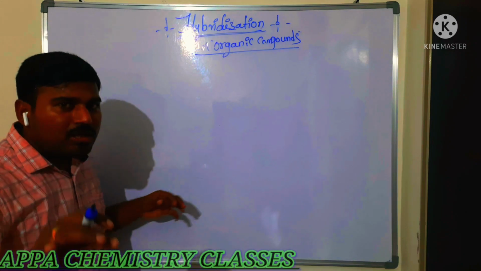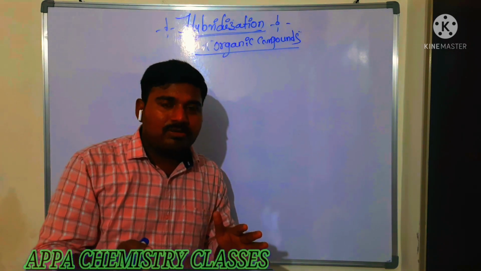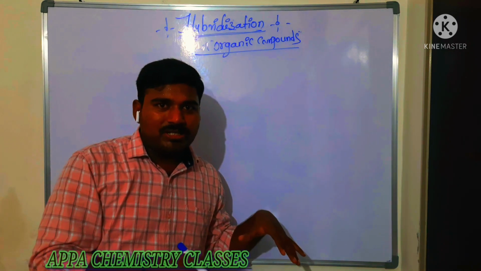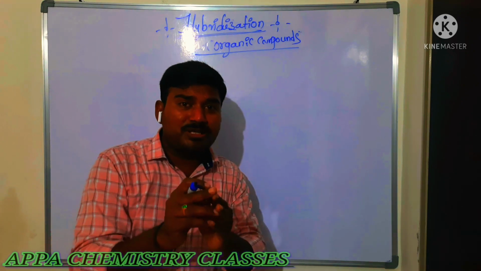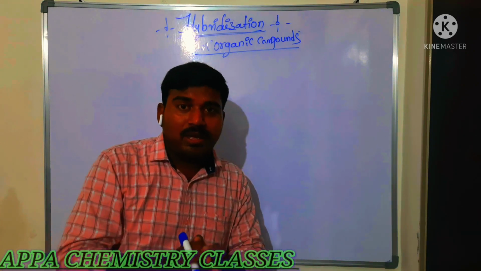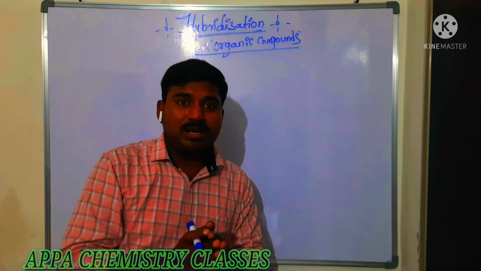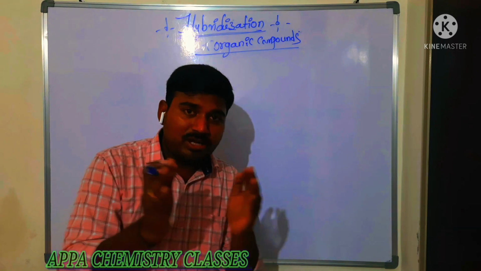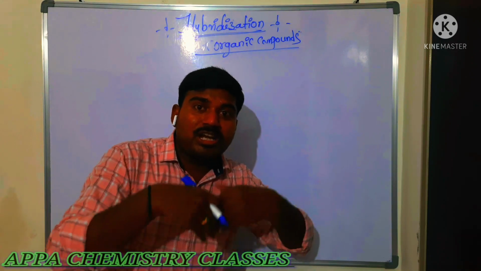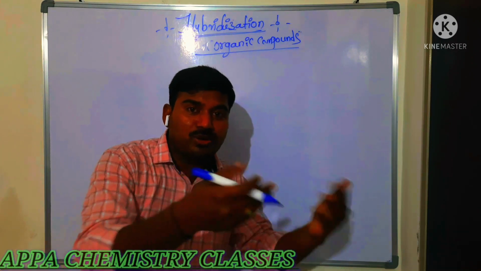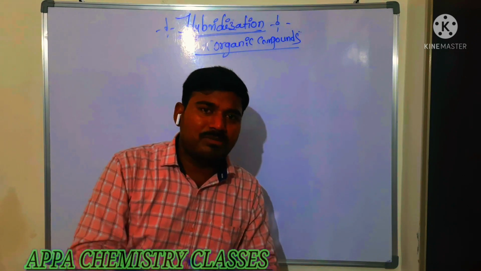First, initially, what is meant by hybridization? I think everyone knows. It is simply intermixing of atomic orbitals which are of nearly the same energy. We have to intermix them. By intermixing those atomic orbitals, we get new orbitals. Those new orbitals are said to be hybrid orbitals.